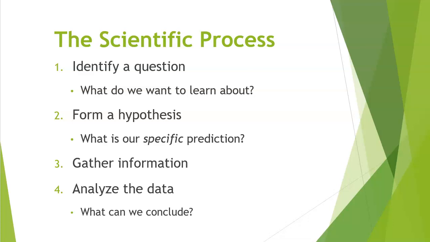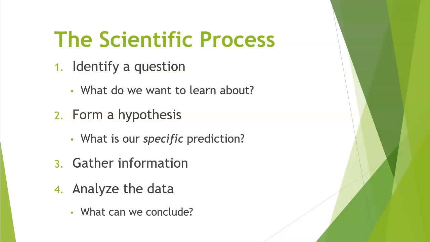From that, you form a hypothesis. So the hypothesis is kind of what's our specific prediction. So what do we think the answer to the question is? Step number 3 is we gather information. So we might conduct an experiment, we might just observe things, but whichever one it is, we're going to gather that information unbiased.